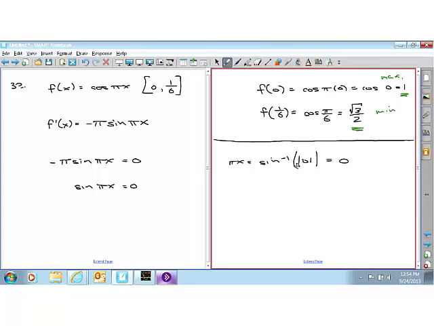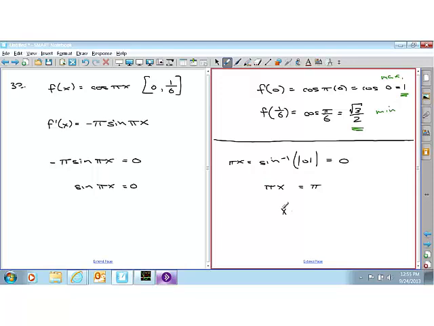Now the other one, there are two cases where the sine goes to 0, and that's also at pi. This is a weird special case, which is when you're on the x-axis. So the other answer is going to be pi.